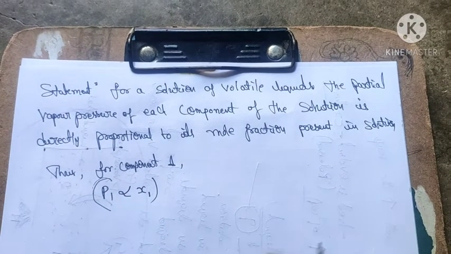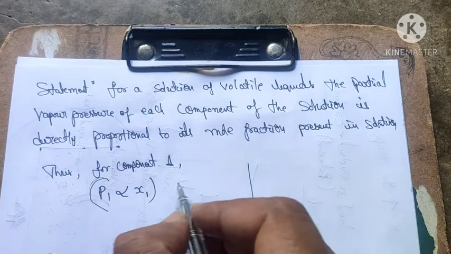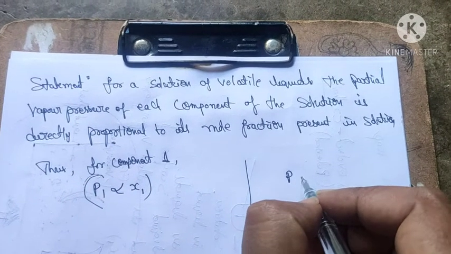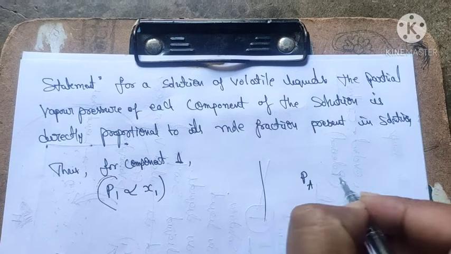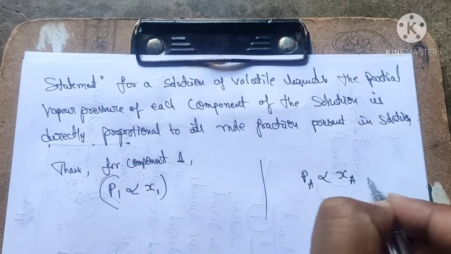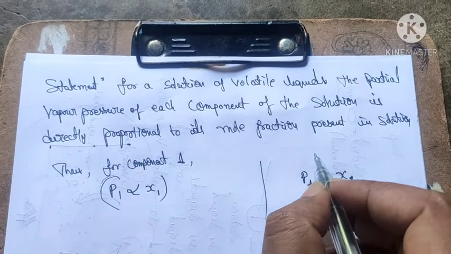In some books it is represented as PA directly proportional to XA. This is for one component.